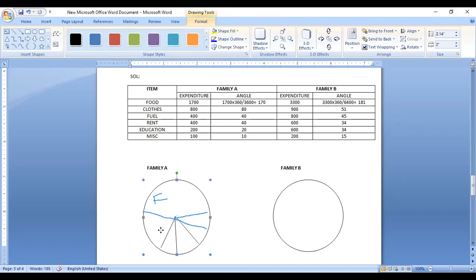Okay, like this. So we have to indicate each one. After food, this is clothes, then fuel, then rent, then education, then miscellaneous. Like this. Okay. Now coming to family B.